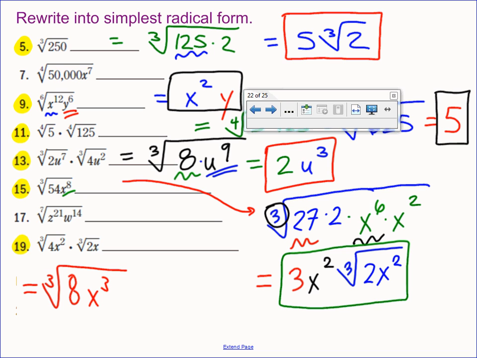And now I have some perfect cubes inside. What is the cube root of 8? 2. What is the cube root of x cubed? Well, that's x to the 3/3. The cube root of x cubed is x to the 3/3, which is just x. So big. Math works. So I'm feeling really good about this discussion.